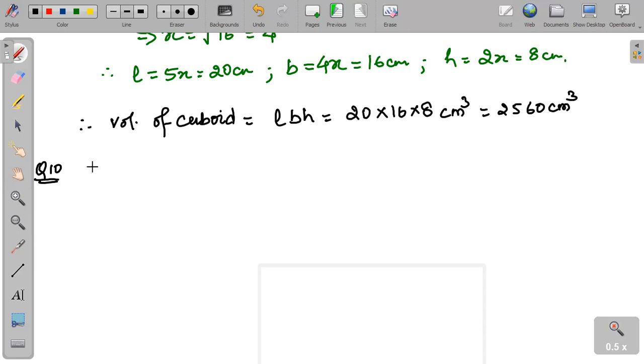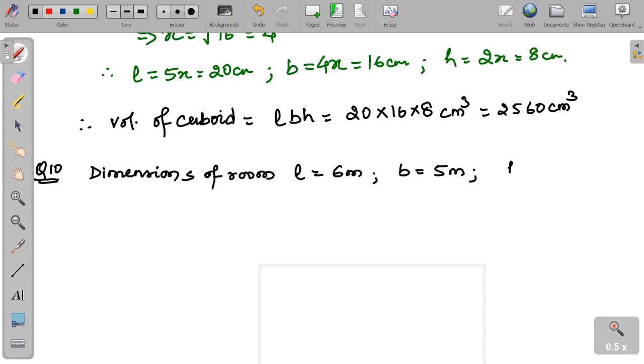So, dimensions of room. Length is equal to 6 meter. Breadth is equal to 5 meter. Height is equal to 3.5 meter.